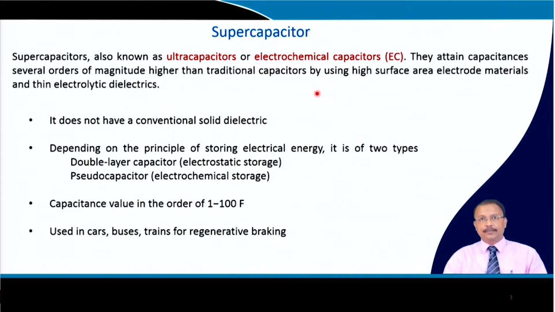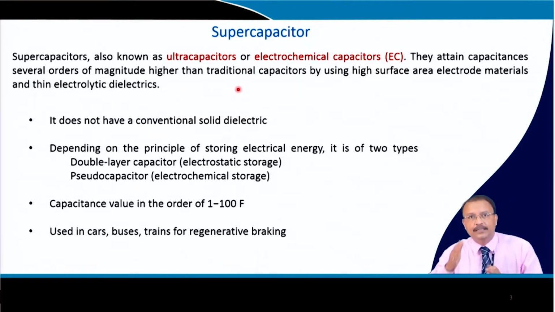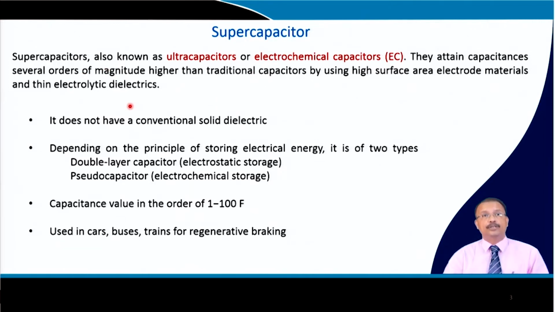As compared to the traditional capacitor that you might be knowing, two metal plates and a dielectric inside, these supercapacitors or ultra capacitors have several orders of magnitude higher capacitance, and that is basically due to the fact that in case of these supercapacitors, high surface area is used.